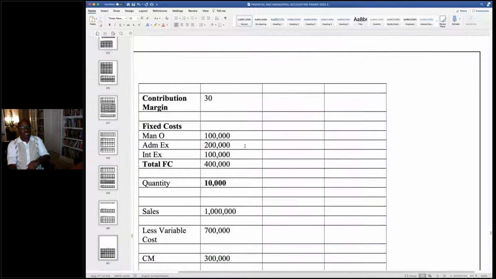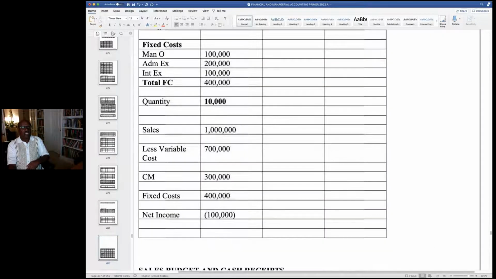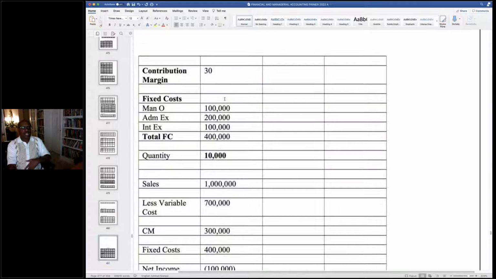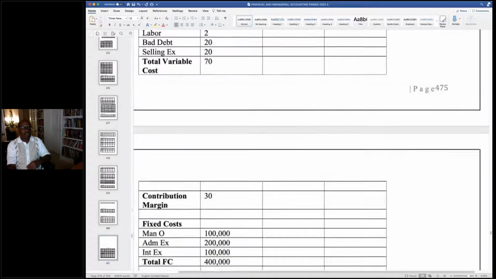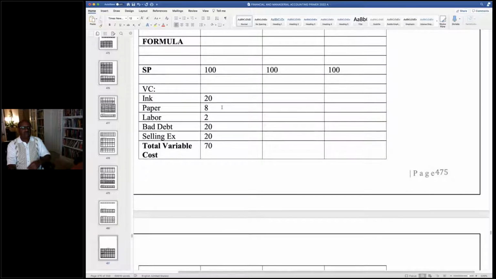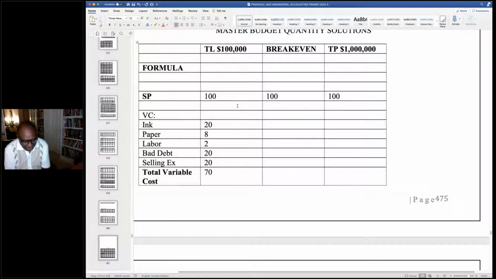And that number comes from your calculation of your quantity of sales, which comes from your calculation of total fixed costs, contribution margin, variable cost, and selling price. So you have to be very careful on those assumptions, because if you make a mistake, a whole lot of stuff is going to be wrong.